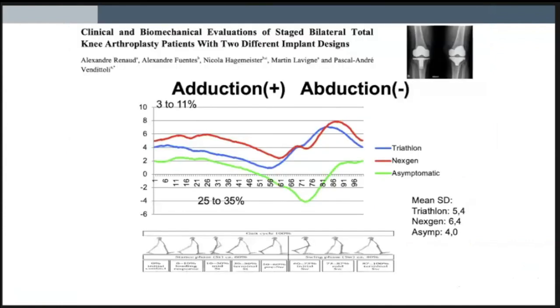If we look, interestingly, at another paper we published comparing two knee designs implanted with MA, you see here the Triathlon versus NextGen, compared with normal knee patients, you see that both implants had a similar curve in adduction and abduction.